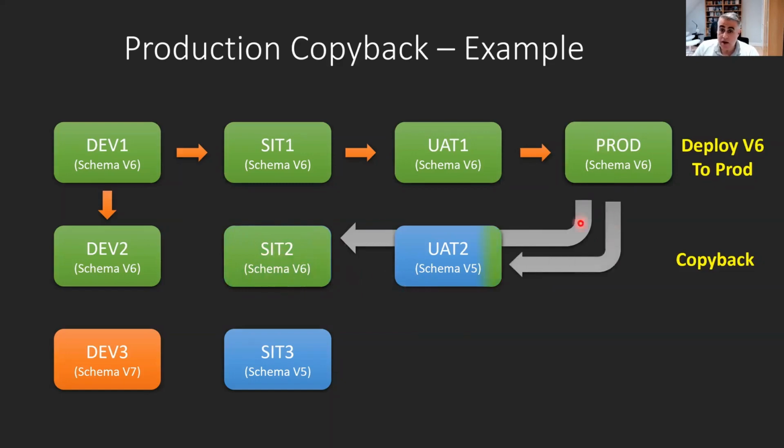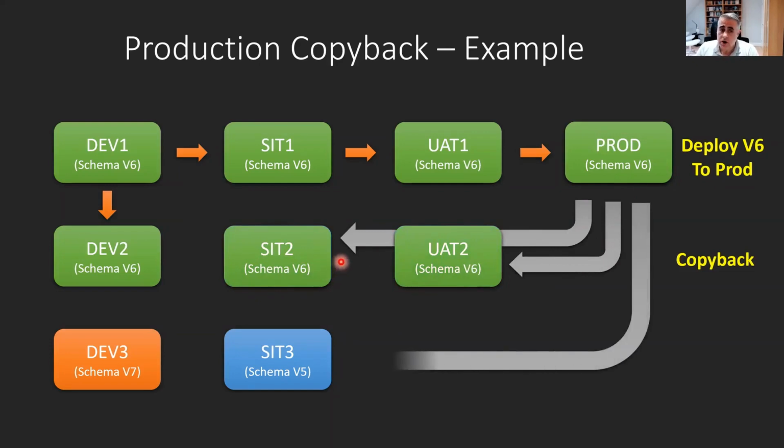And if they are a lower level than version 6, bring them up to at least the production level. So the very process of successfully deploying to production will kick off processes that take these environments that were previously at a lower version than production and upgrade them to a minimum of version 6 as well. Note that dev 3, which was already at a higher level than these, won't be touched.